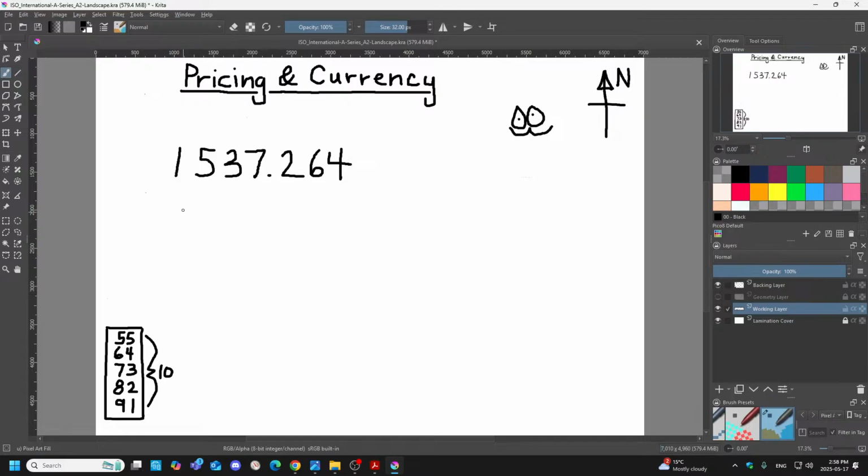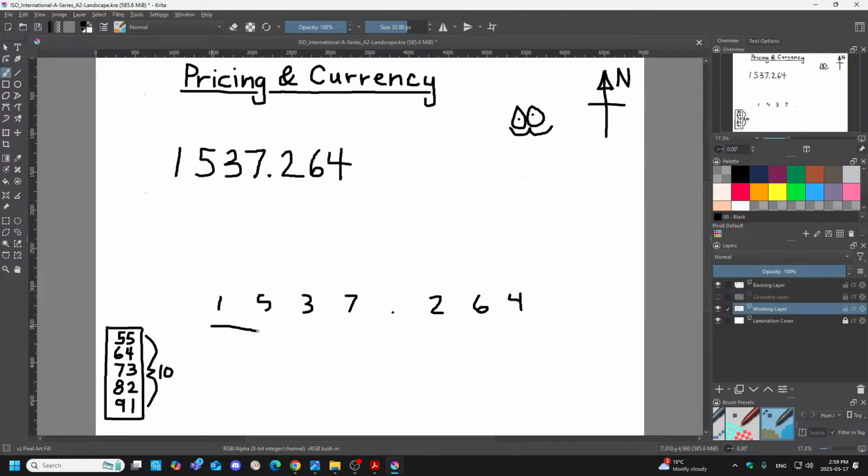We need to understand the places, the position of each number a little bit better. Let's do this. I'm going to write 1, 5, and go a little bit lower: 5, 3, 7, decimal, 2, 6, and 4.